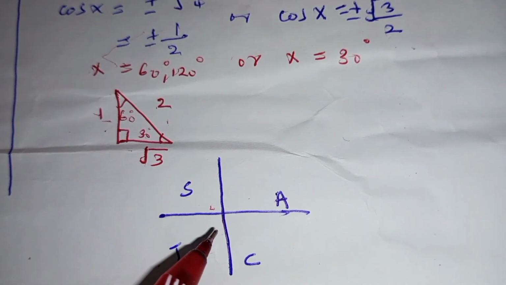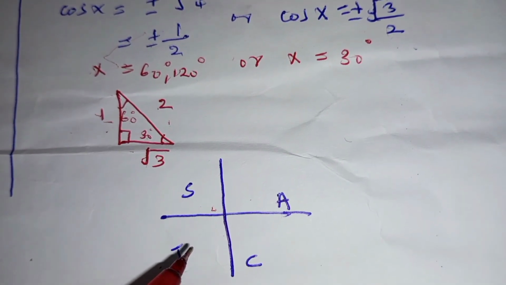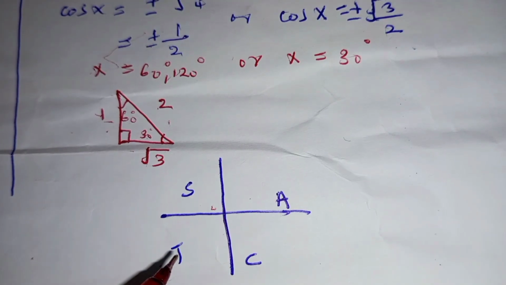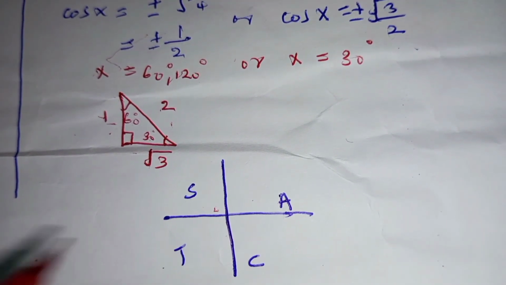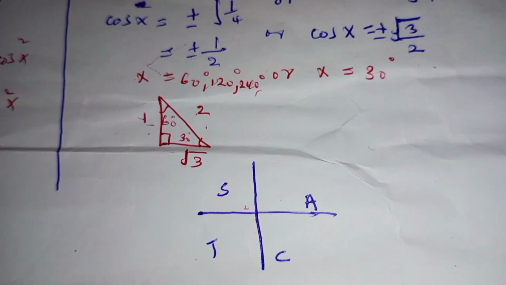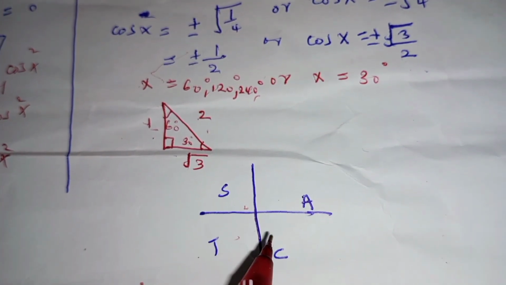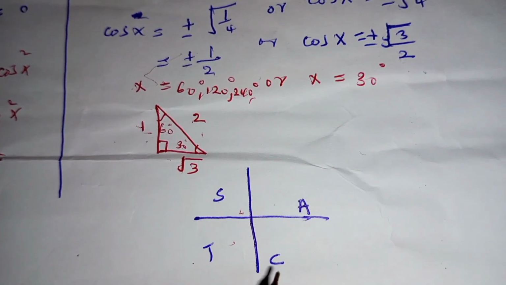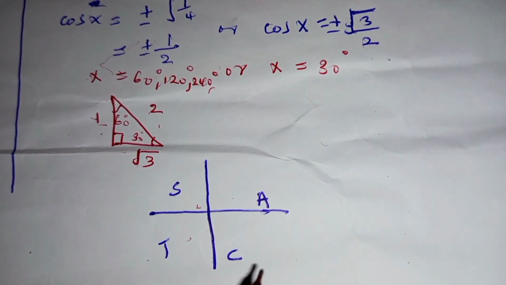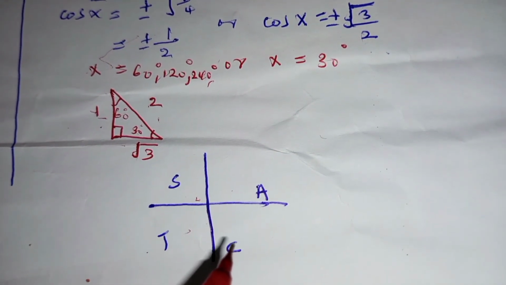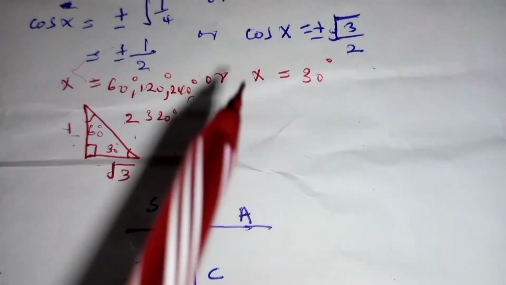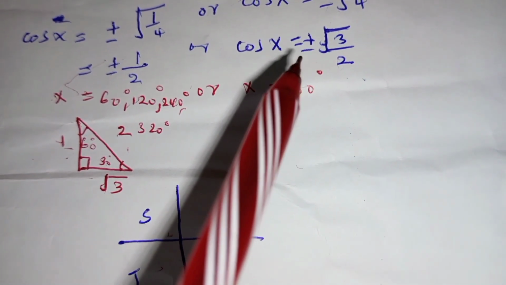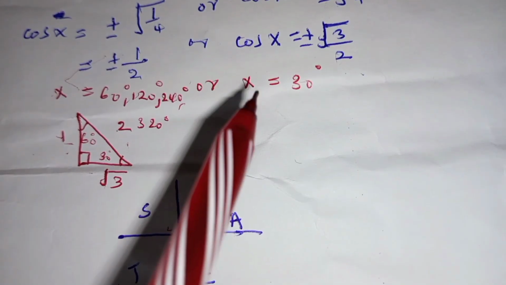Also in the third quadrant, our value is given by 180 plus 60, which is 240. On the fourth quadrant, the value of cosine is positive, and it will be given by 360 minus 60.